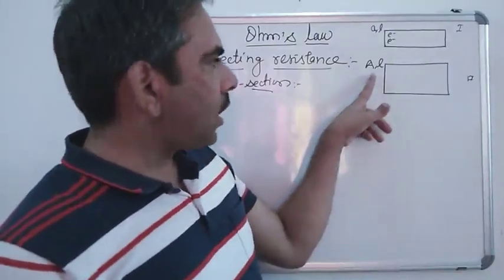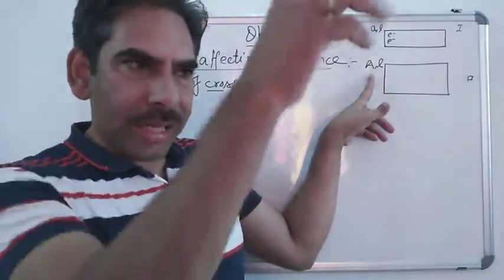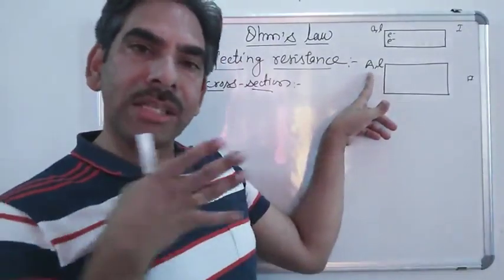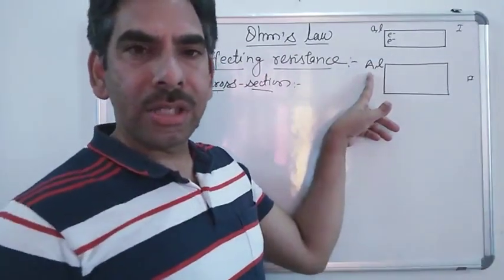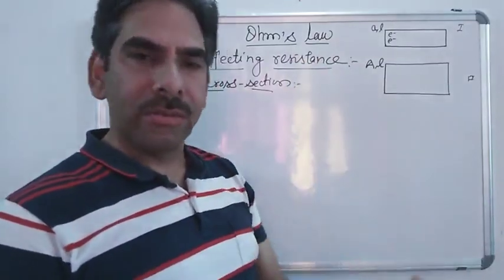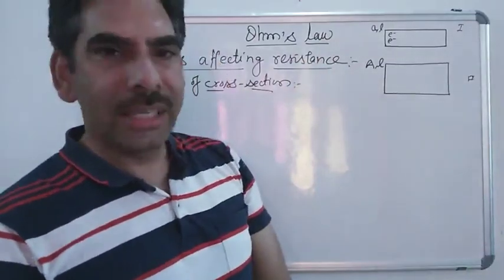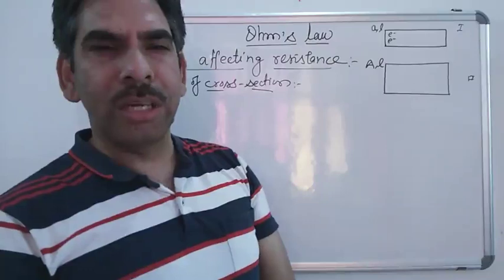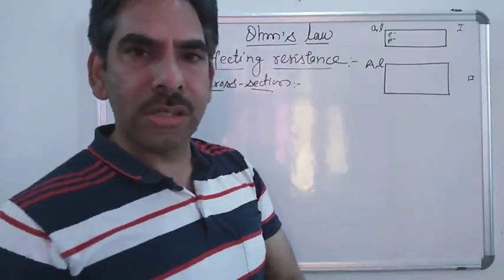So the one which has a higher area of cross section, more charges can cross the area of cross section, right? Hence the more value of current, or we can say less electrical resistance, will be there. There will be less resistance towards the path of the electrons, and we can say current.